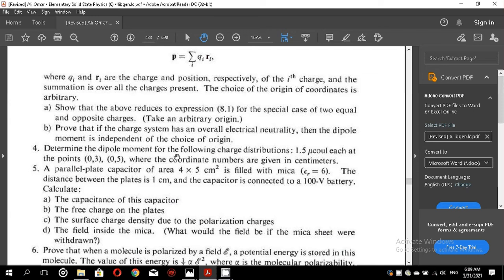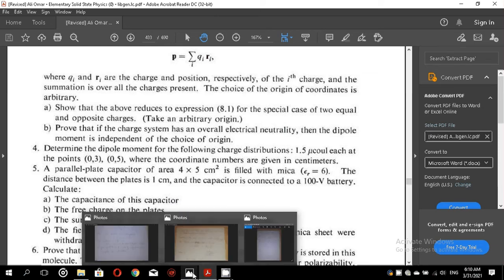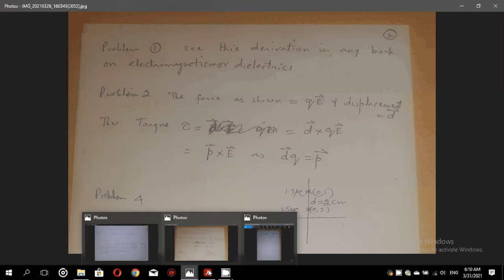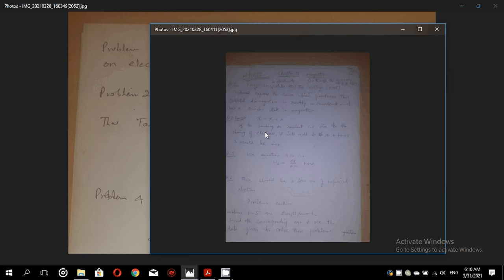Determine the dipole moment for the following charge distributions, 1.5 microcoulomb each at the points (0, 3) and (0, 5), where the coordinates are given in centimeters. The hints on solving this problem are given here. You will have to move to the next page, and this is the next page.